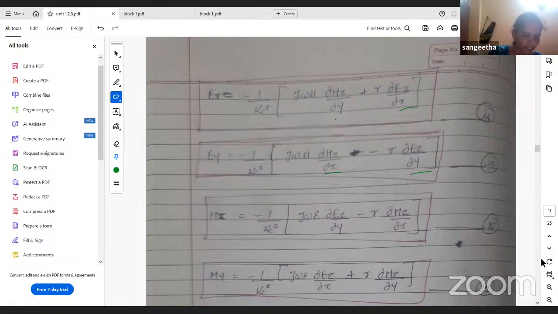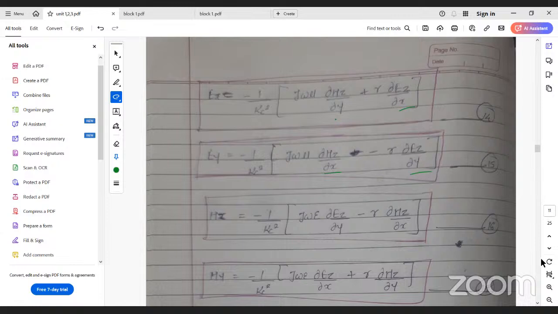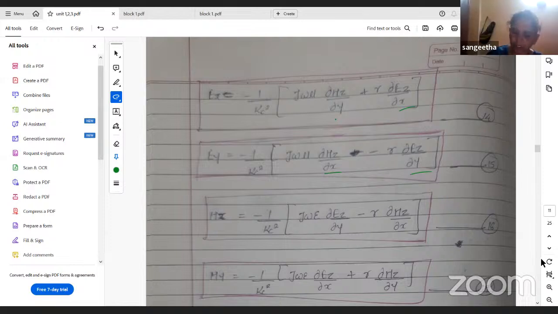Where are these equations in the textbook? Just cross check. Ex, Ey, Hx, Hy are equation numbers 3.10, 3.12, 3.13, 3.14.